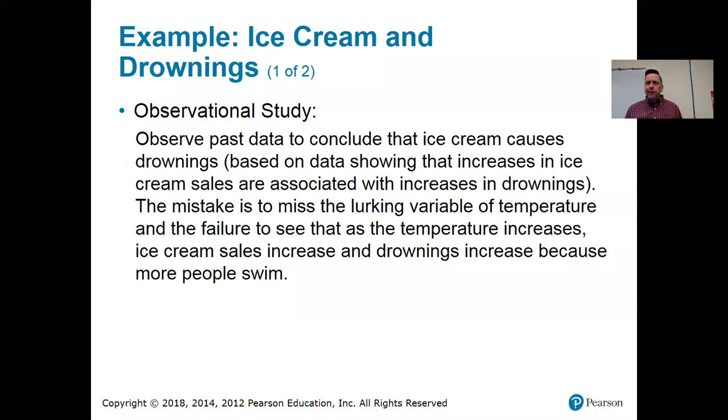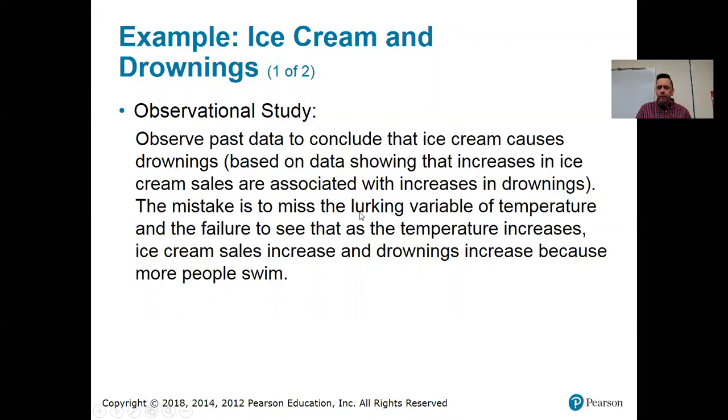Okay, here's an example. Ice cream and drownings. Observe past data to conclude that ice cream causes drownings. I enjoy this example because it's a good example of a concept that we math people and statistics people really like to talk about. There are data showing that increases in ice cream sales are associated with increases in drownings.